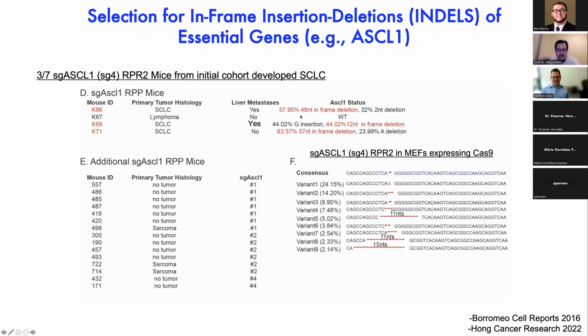So the evidence that we see a 48 nucleotide deletion, a 12 nucleotide deletion, and a 57 nucleotide deletion really speaks to the fact that ASCL1 was targeted right at the end of the gene. This really speaks to the tumors that formed needing to restore ASCL1 function, and this looked very different in cell lines. I think one difference of these models is that you can interpret selective pressures for the gene of interest by looking at the mutations that form within that gene.